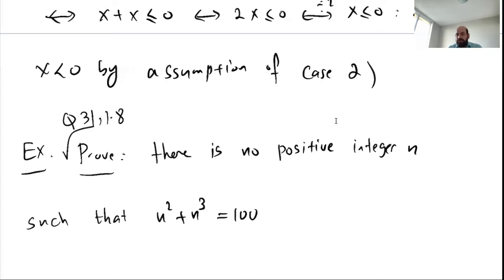If you use a bigger number like 6, the left-hand side becomes even bigger. So for most positive integers, the left-hand side is already bigger than 100, and therefore those values of n cannot be a solution, because this equality cannot hold.